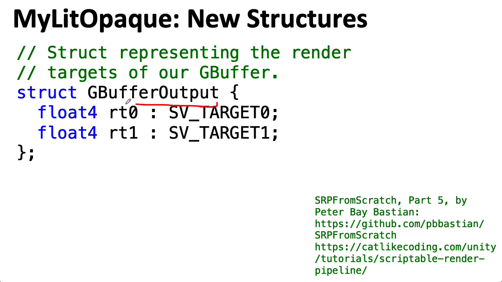This is going to be the output of the fragment shader. So RT0 is going to handle the albedo, and RT1 is going to handle the normal. So this is something new. We're used to fragment shaders explicitly returning the final color that we're drawing onto the screen, and usually there's also ZBuffer being written, but we don't generally have to think about that ourselves.